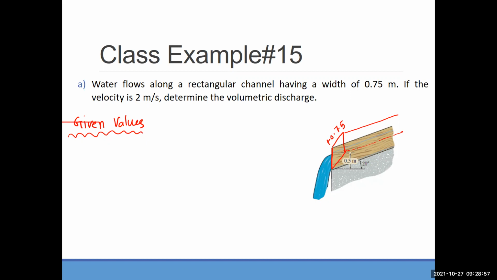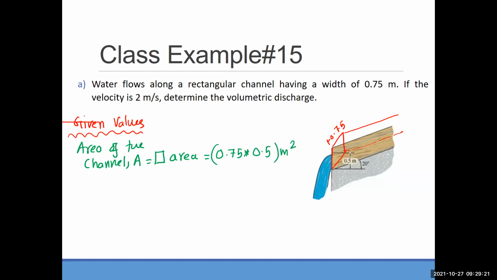Okay. And so let's write it down. What are the given values? Area of the channel A, since it's a rectangular area, it will be 0.75 times 0.5 meter square. Okay, you'll find that one.